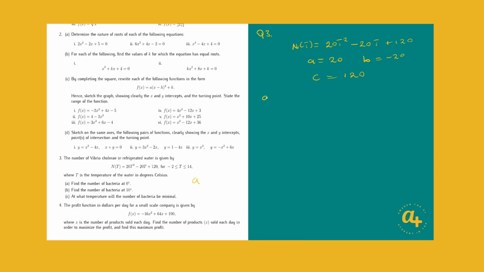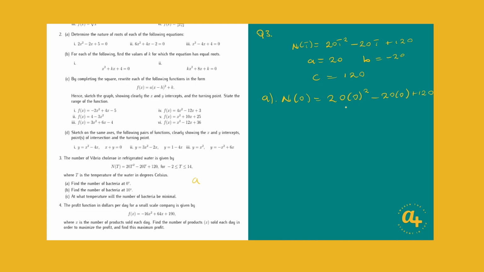So we're going to start with question 3a, which reads, find the number of bacteria at 0 degrees Celsius. For us to find this, we are simply going to substitute 0 for t in our quadratic function, so that we have n of 0 equals 20 times 0 squared minus 20 times 0 plus 120.